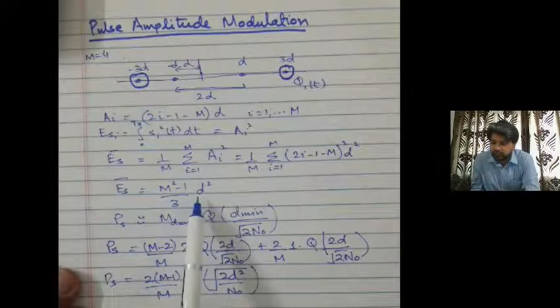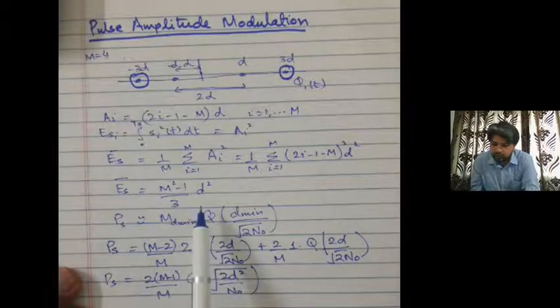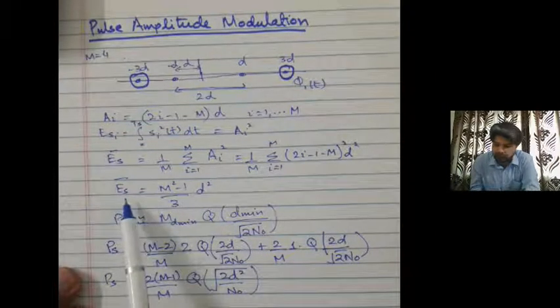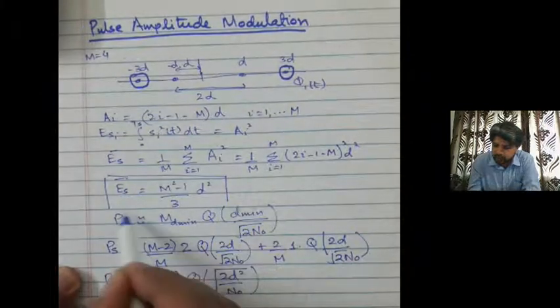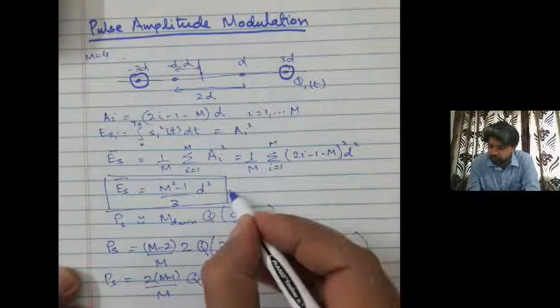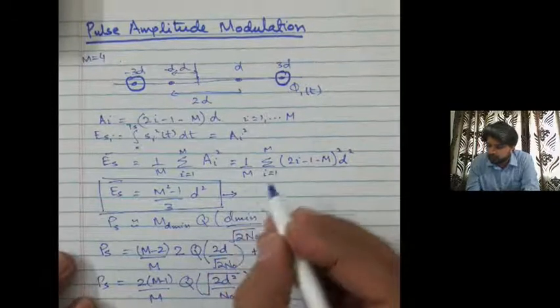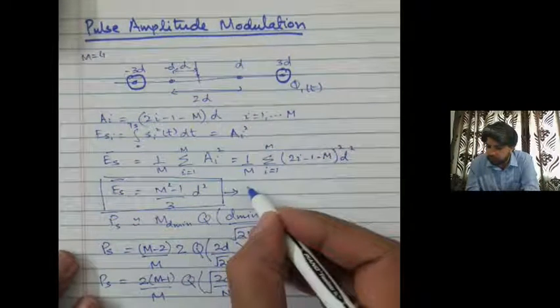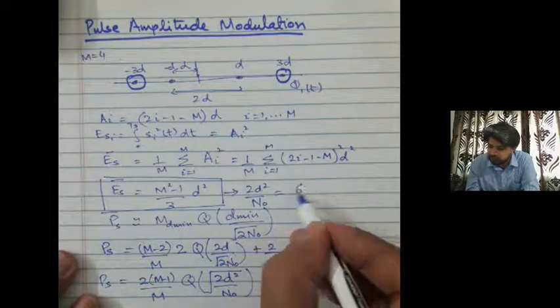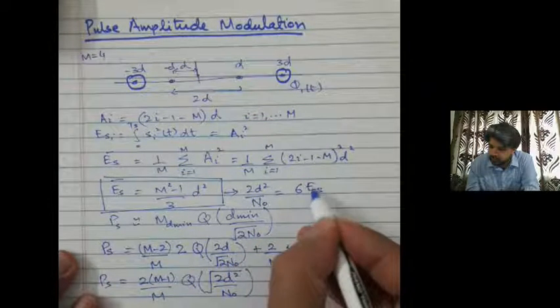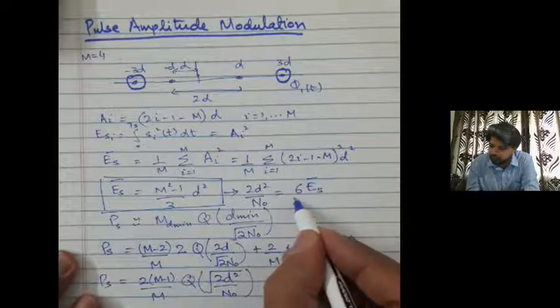What we want here is 2d squared over N naught. So you can compute 2d squared over N naught in terms of your symbol energy from this particular equation. So we will make use of this equation. And from this equation, this would imply that your 2d squared over N naught would be equal to 6 times ES bar over M squared minus 1.